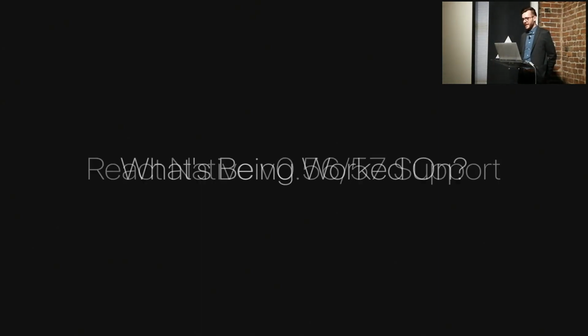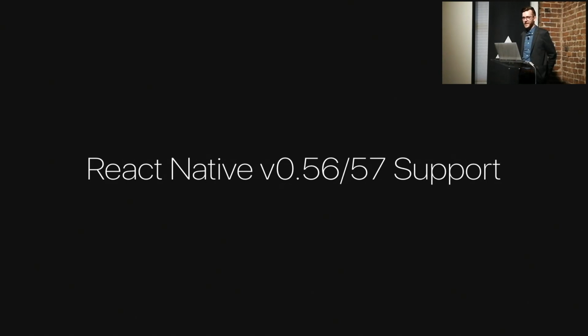Primarily, the big thing is React Native 56, and now it's agile, right? It spills over if I can't get it done in time. 57 now support. It's taken a pretty big amount of work. The branch is something like at least 5,000 additions and deletions just for that.